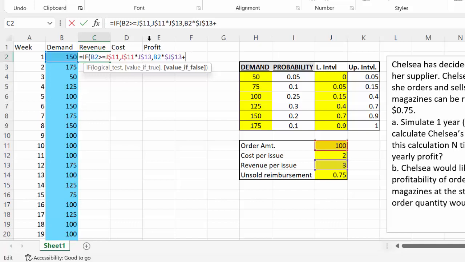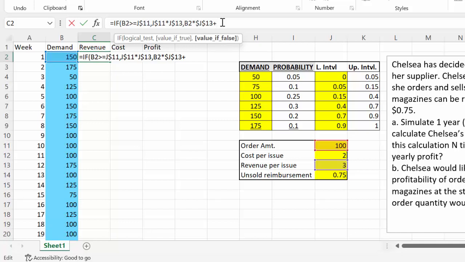Remember, if it's greater than or equal to 100, then it's just 100 times the $3. But if that statement's not true, then it's going to be whatever this is multiplied by the $3 plus the reimbursement amount.